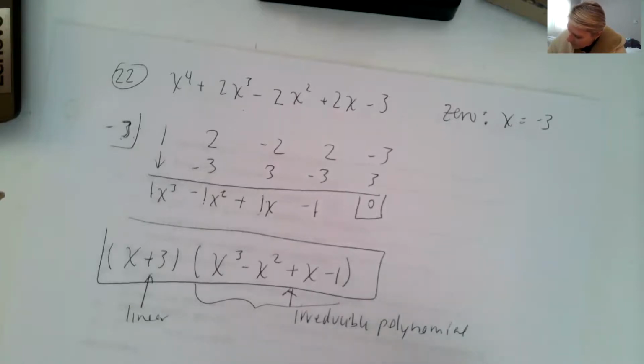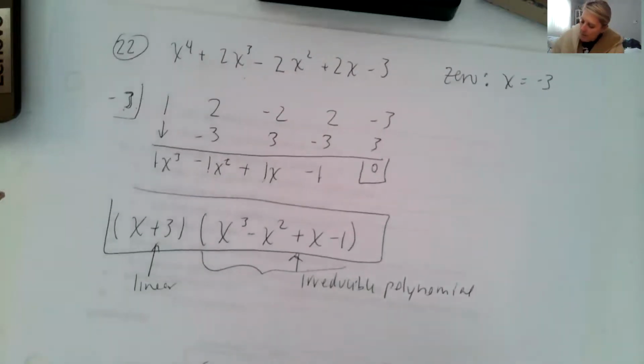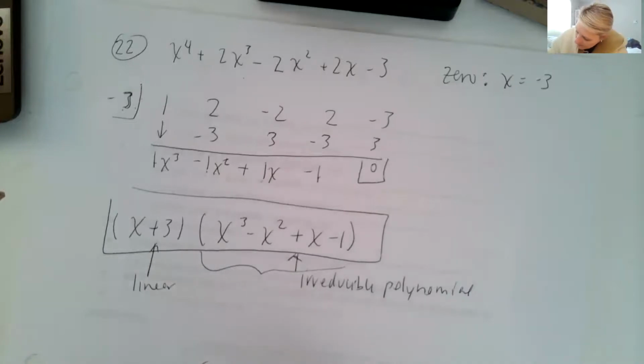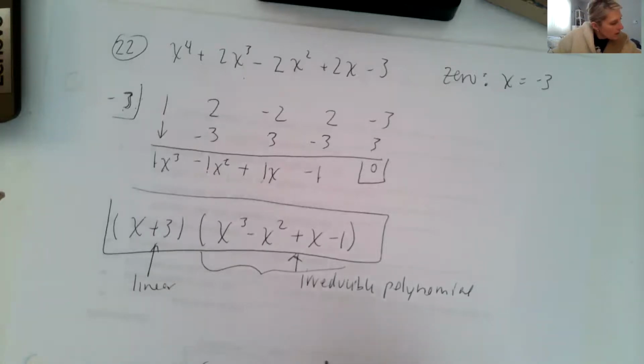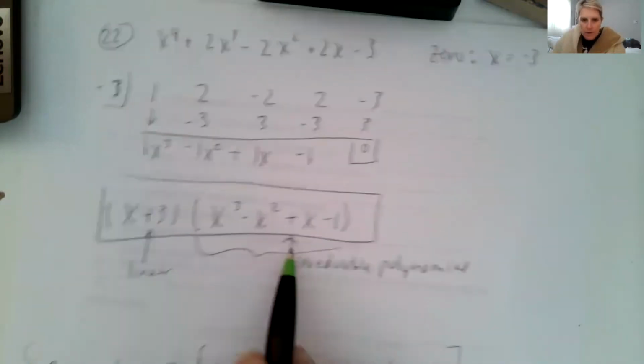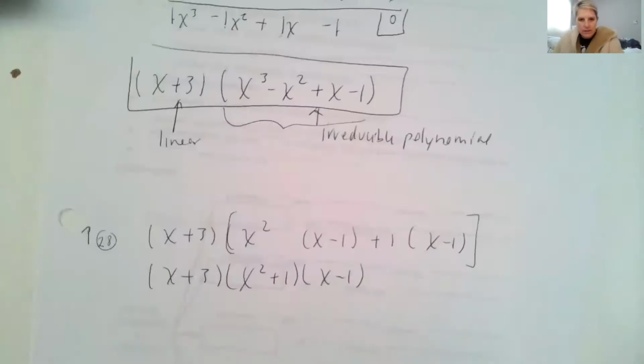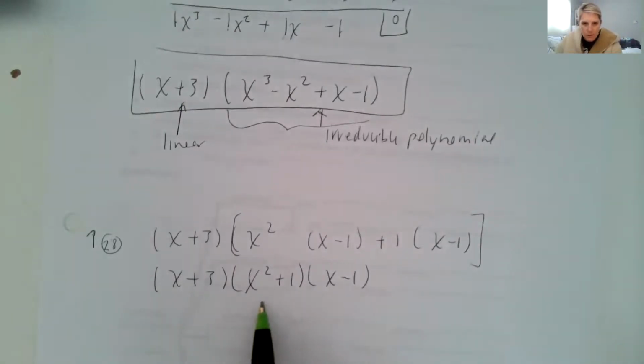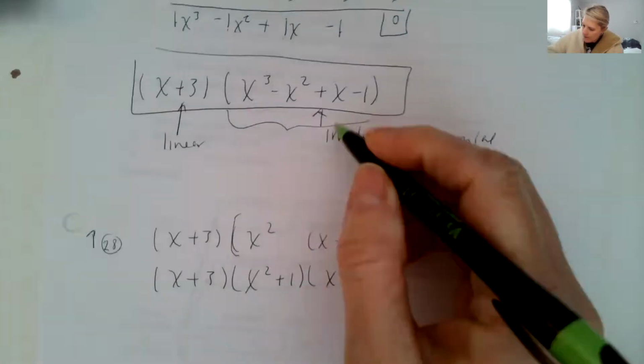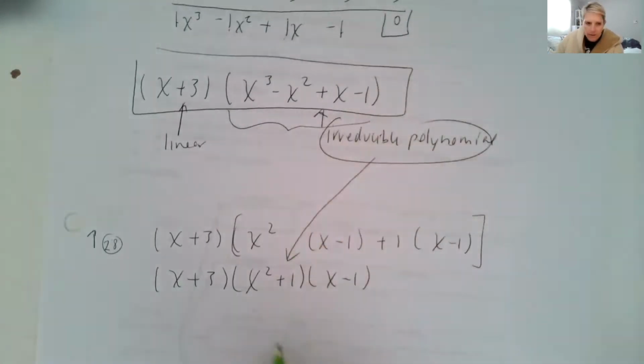And if we take out a plus 1, we have x minus 1. So we have x plus 3, x squared plus 1, and x minus 1. Okay, so I could have factored that one further. This is the irreducible polynomial right here, the x squared plus 1, when we get all said and done.